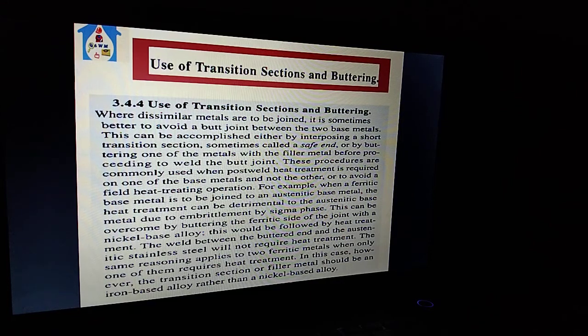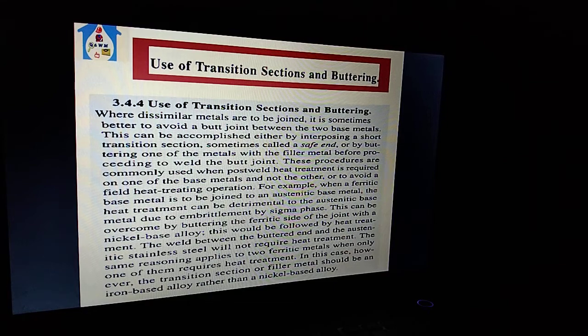This can be accomplished either by interposing a short transition section, sometimes called a safe end, or by buttering one of the metals with the filler metal before proceeding to weld the butt joint.